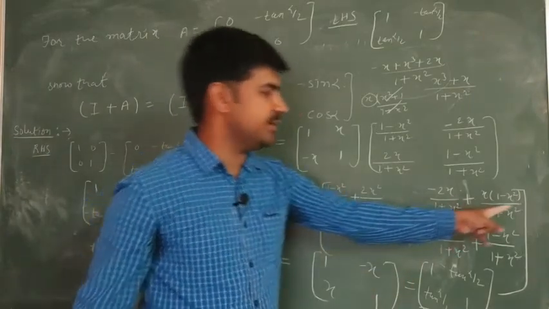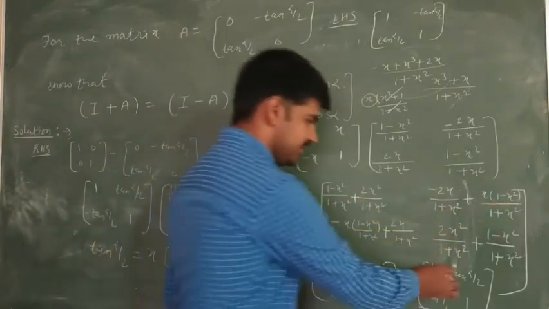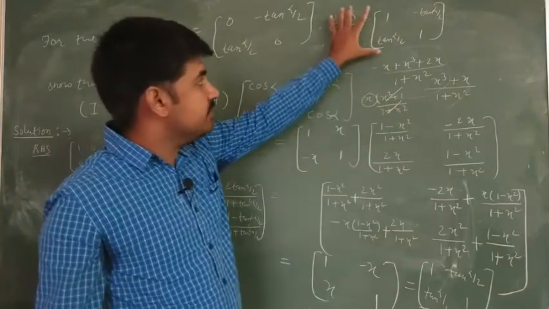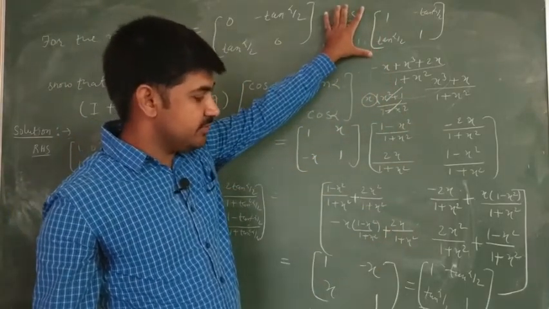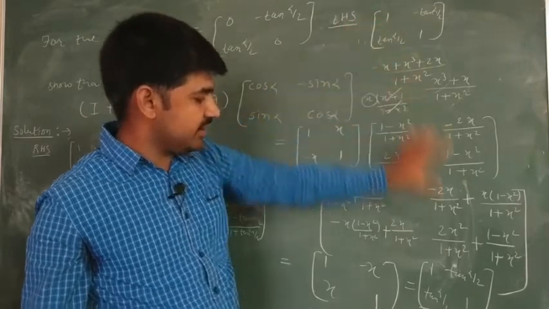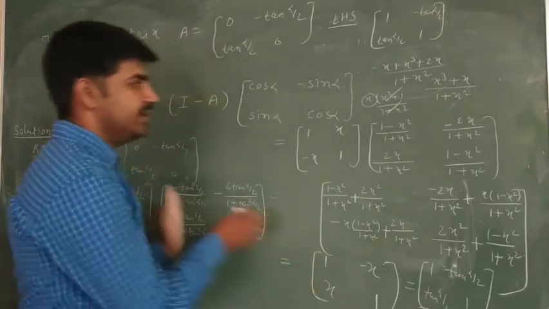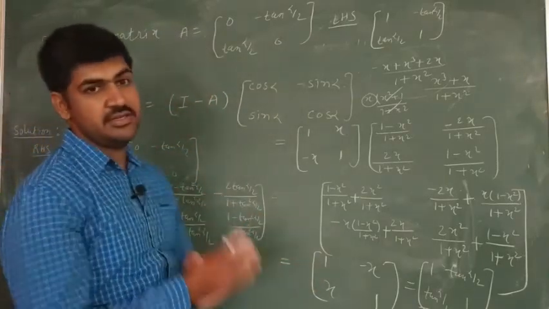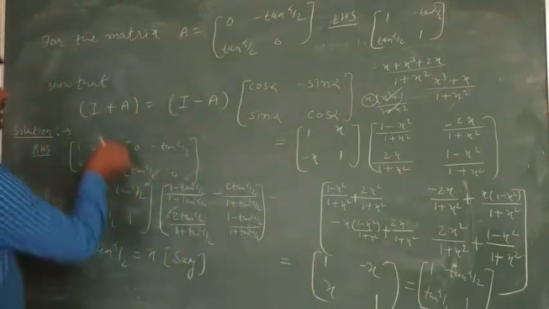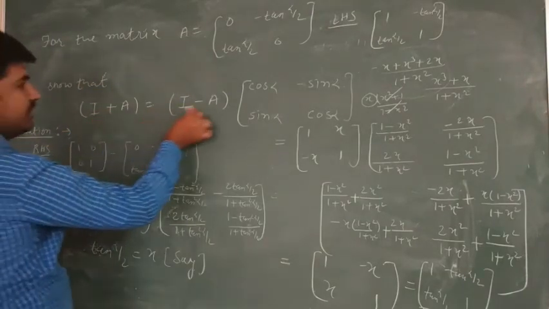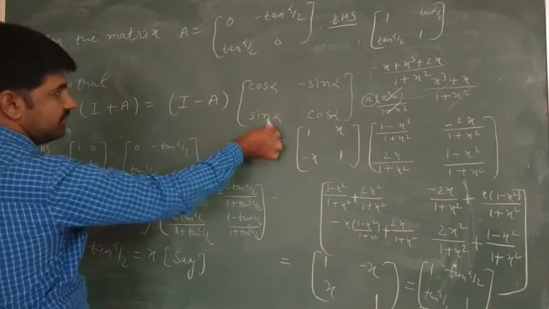When you simplify this particular term, you will be getting minus x, and this will be minus tan. Okay. So what we got, the simplest form of LHS as this one, and now simplest form of RHS we have got as this one. So we can say LHS is equal to RHS, and hence we have shown that for this particular matrix A, I plus A is equal to I minus A times this given matrix.